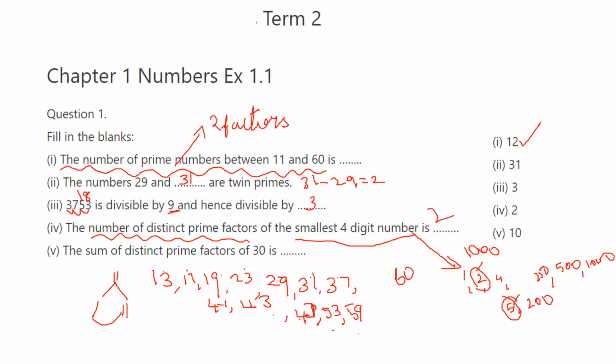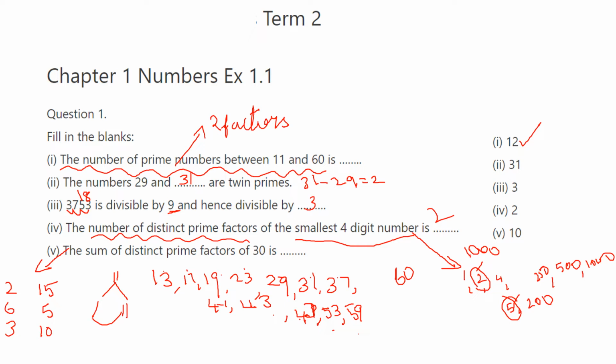Next, the sum of distinct prime factors of 30. So, prime factors of 30. You see here, 2 15s are 30, 6 5s are 30, and 3 10s are 30.